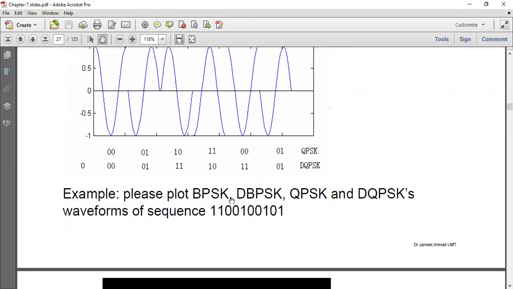As an example, please plot the BPSK, DBPSK, QPSK, and DQPSK waveforms for a given sequence. You can take two bits at a time and plot the waveforms for these modulation schemes.